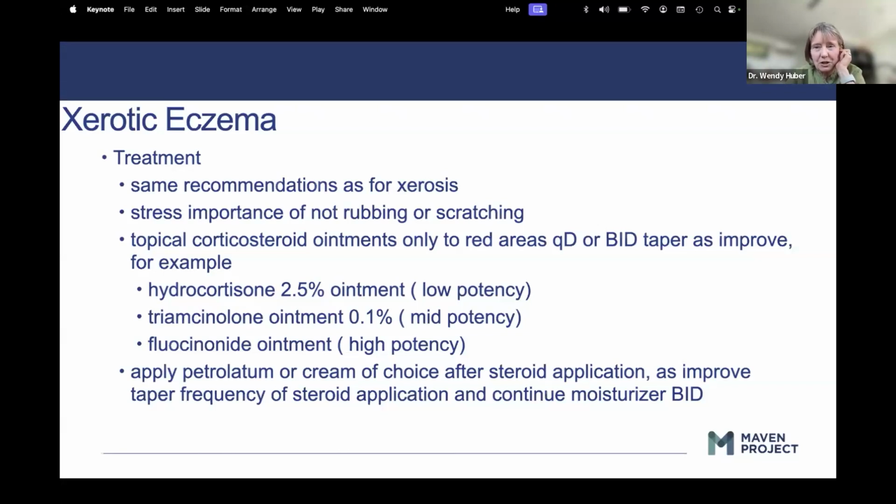I also tell the patient to put the medication on first, because then they can see where they've applied it. It will be shiny. And then they must apply moisturizer all over the rest of the lower leg, because you don't want any new hot spots developing. As they improve, I stress tapering the frequency of steroid application.